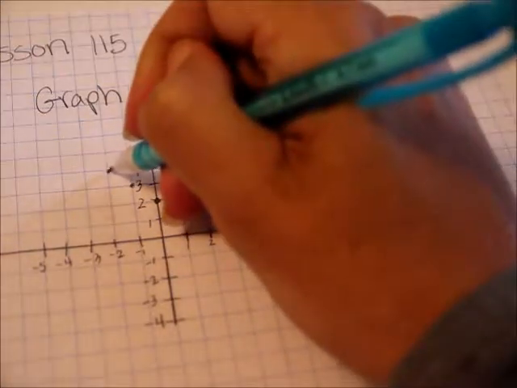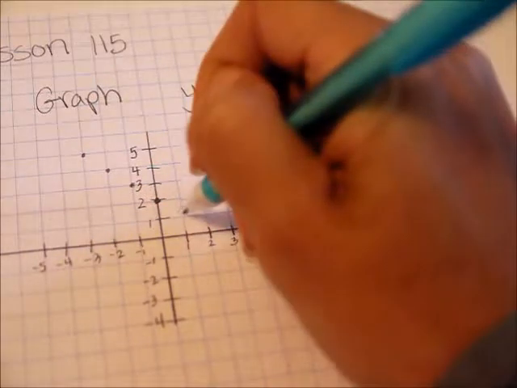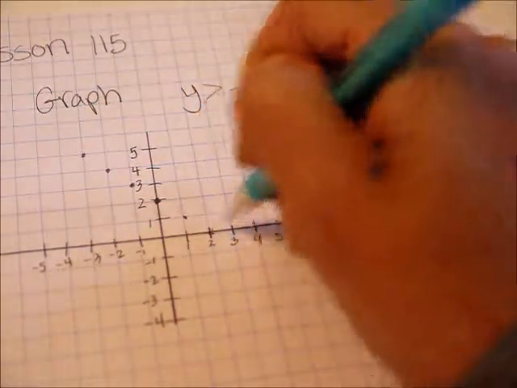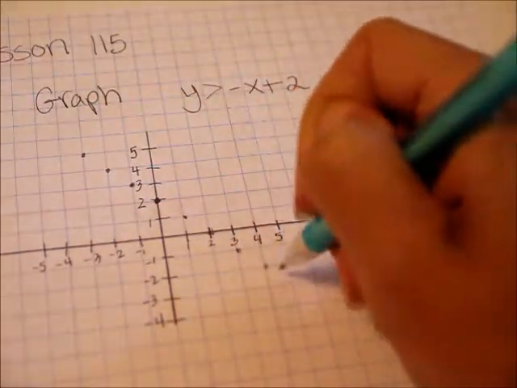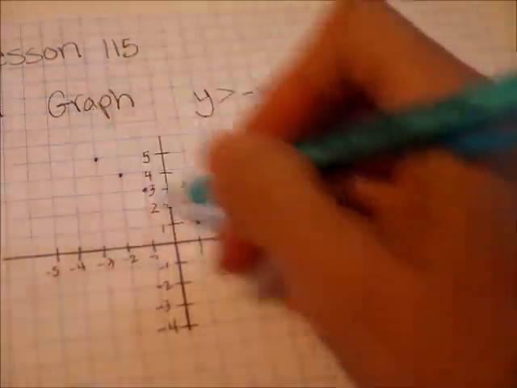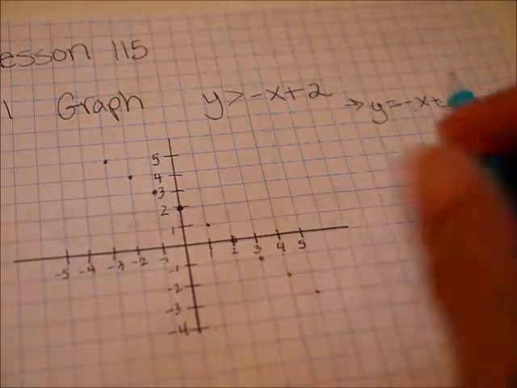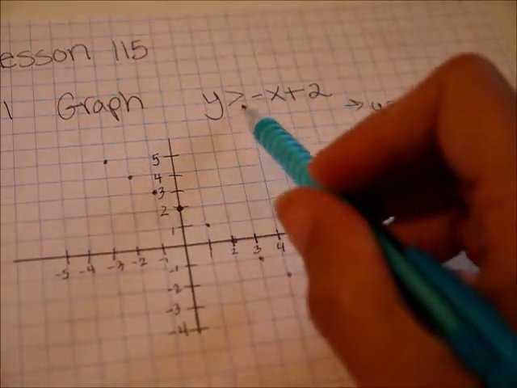Up 1 over 1. Now I really need you all to have a straight edge to do this the right way. All right, so there it is dotted, right? Now before I go ahead and draw a solid line there, like I was graphing that, I'm going to stop and look.